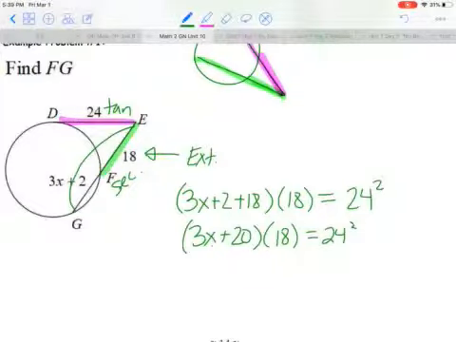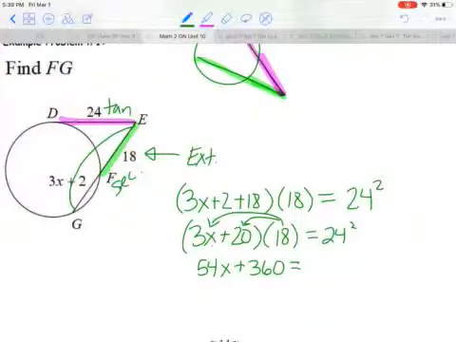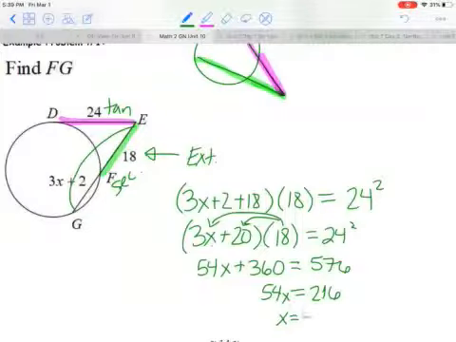So when you go through and distribute the 18 to both pieces, we're going to end up getting 54x plus 360 equals, and that I've got to do in my calculator, 576. And it's just solving for x, so subtract the 360. Let's see, 216. And then divide by 54. So we get x equaling 4. And look back at the directions.